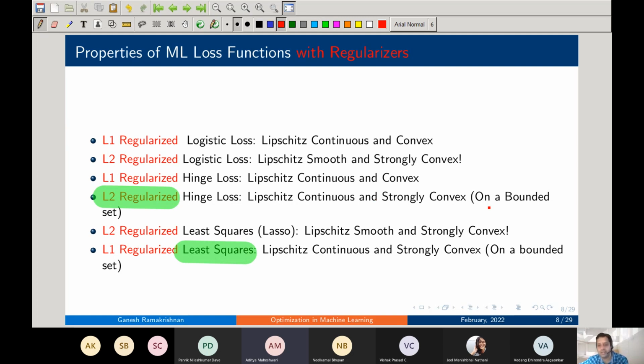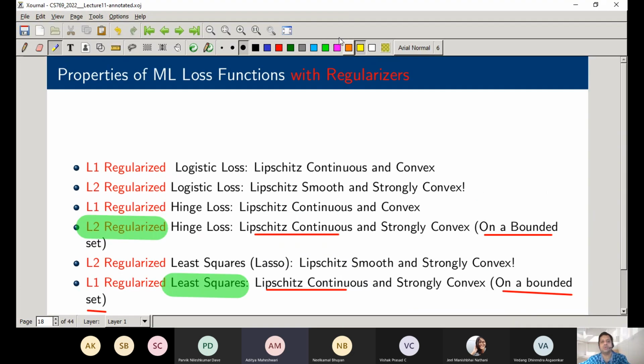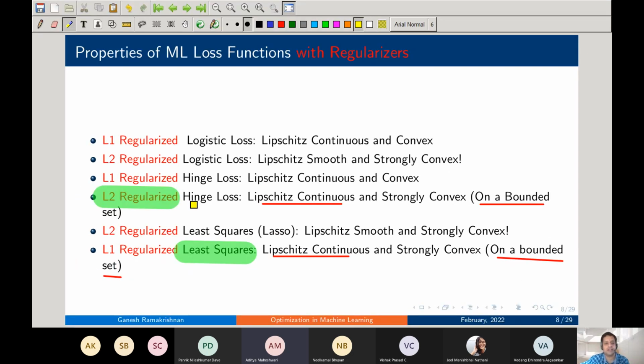That property was also satisfied by least squares. On a bounded set, again, this is very closely connected to the fact that we are dealing with Lipschitz continuity. And what has changed between these two is that hinge loss has now taken the place of L1 regularization or vice versa. So these two are analogs.